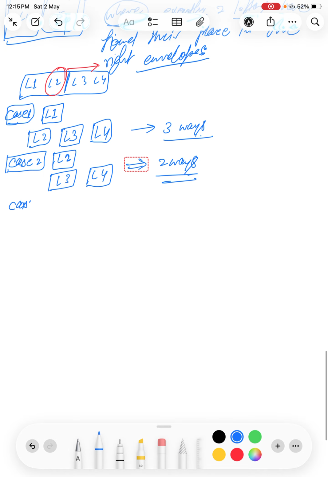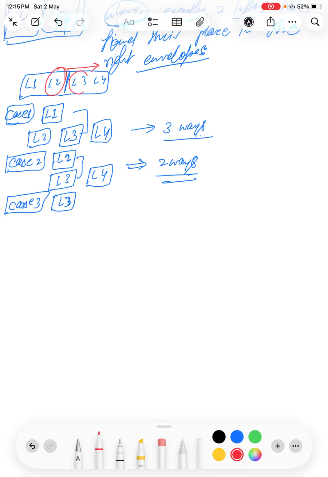In the third case, the previous ones are already taken care of. When I am taking L3 and trying to get another letter to pair with L3, I'll not be taking L1 and L2 because they have already made the pair with L3.